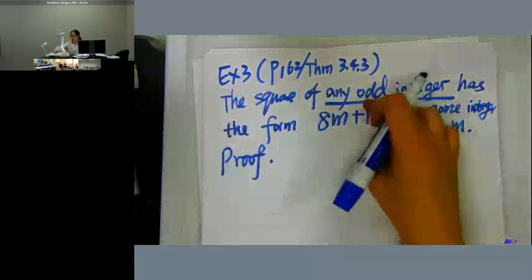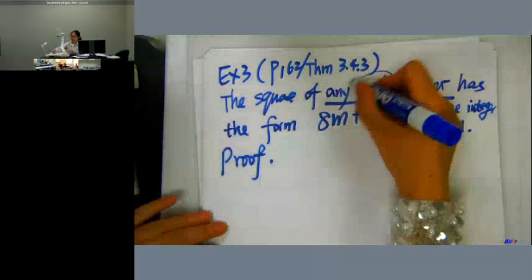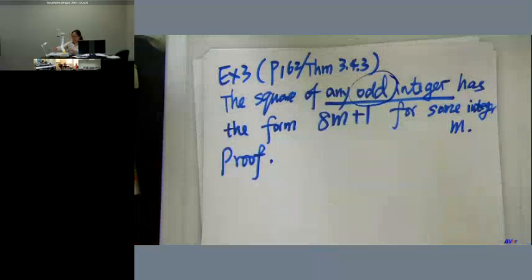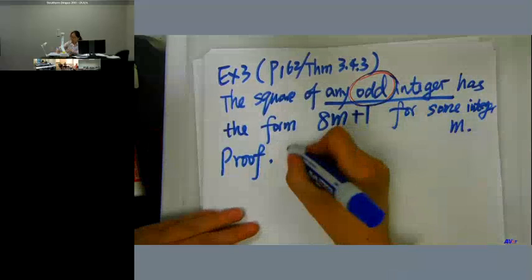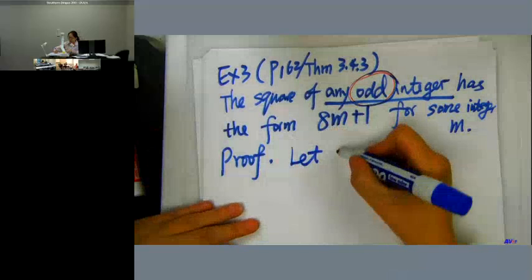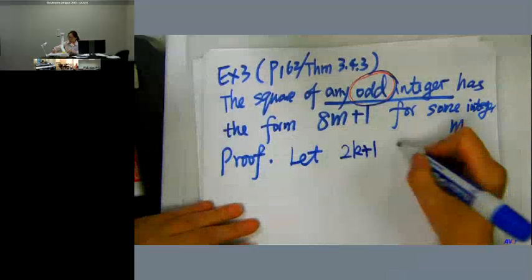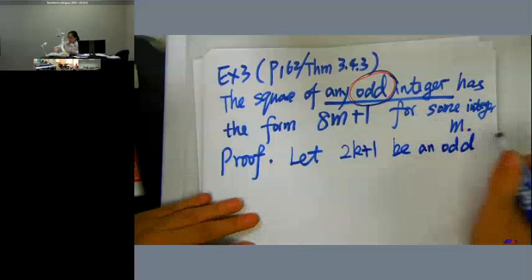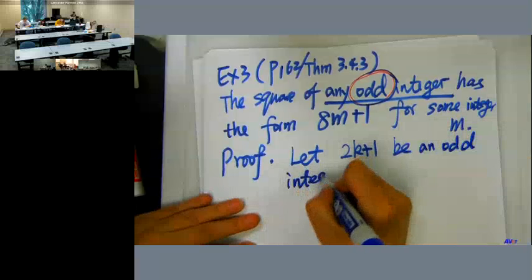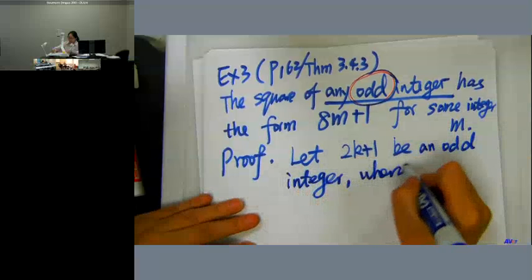Over here, they did tell us it's an odd integer. So when you start, you can assume this integer is odd. We don't have to worry about even. So let 2k plus 1 be an odd integer, where k is an integer.